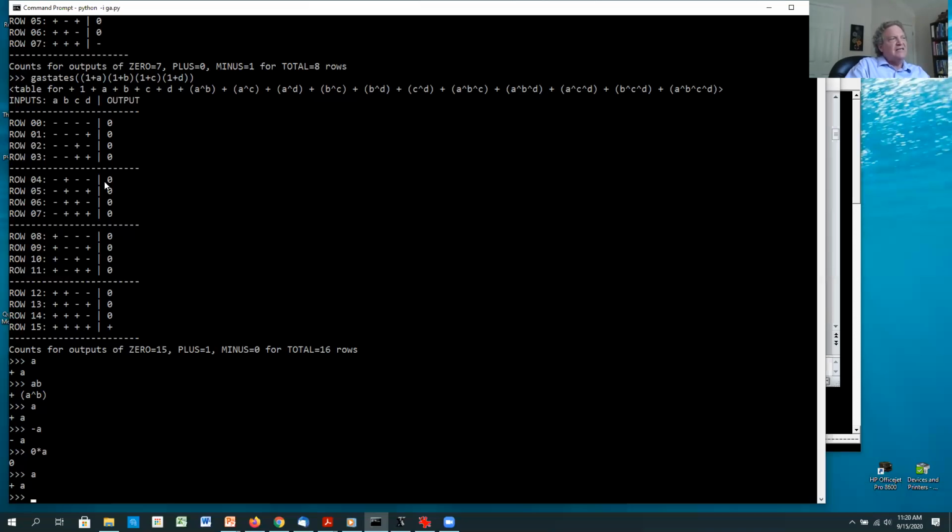In fact, these are linearly independent, and I can take this expression here, and I can say plus, and I'm going to go minus, minus, minus here, just to show you that as I enter these terms, essentially I'm addressing another row in the table by this expansion.